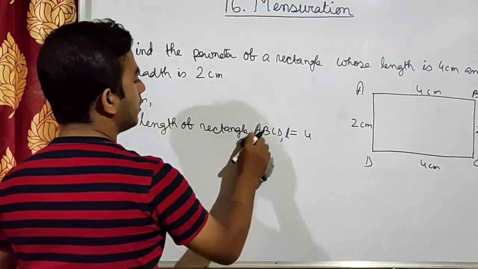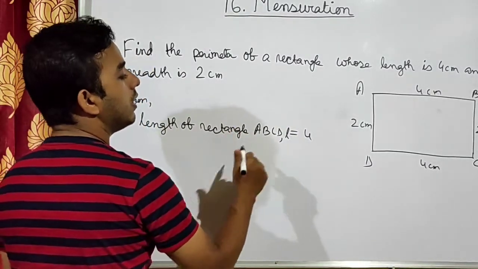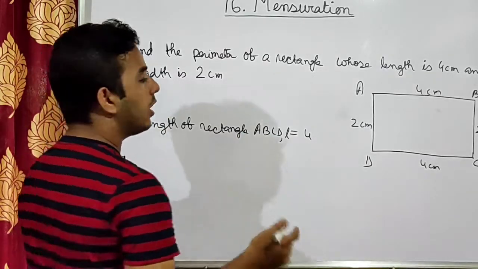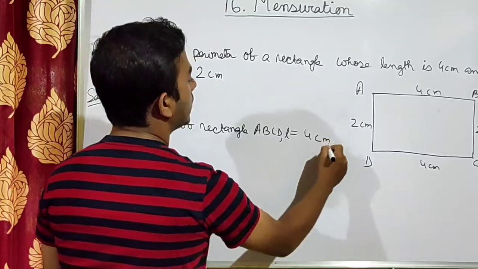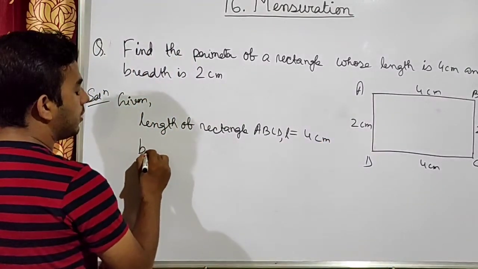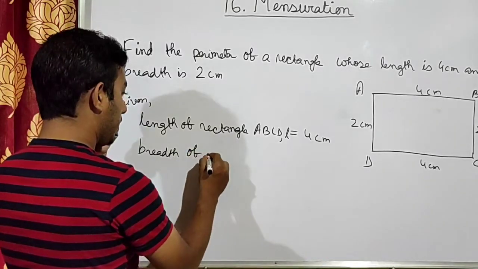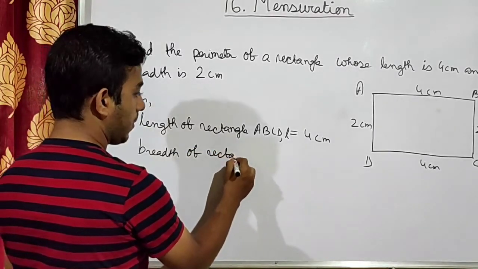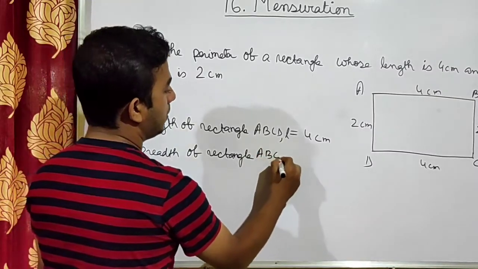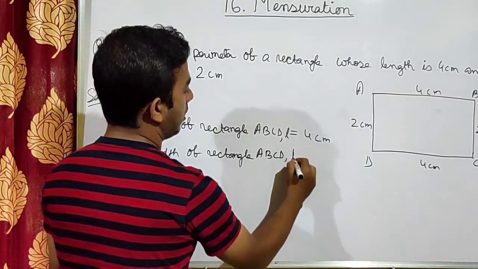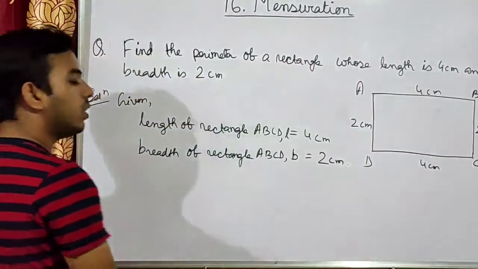Length of rectangle ABCD, the length is denoted by L. So L equals how much? 4 centimeter. Then breadth of rectangle ABCD, comma B equals 2 centimeter. Okay.